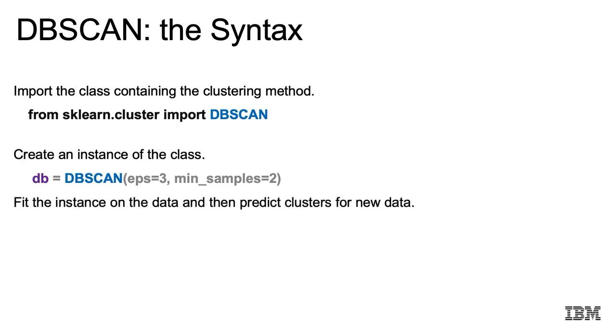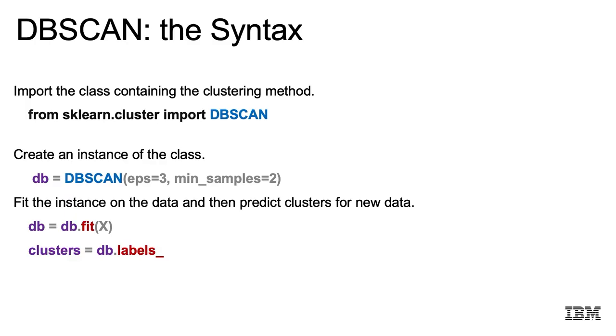We're then going to fit the instance on the data, so just calling db.fit. And then we can't call db.predict because of the way that the algorithm actually works. If you recall, it's defining the points iteratively by scanning through each one of the different points within that data set. So it's just creating clusters within that fitted data set. You can't call predict with DBSCAN.